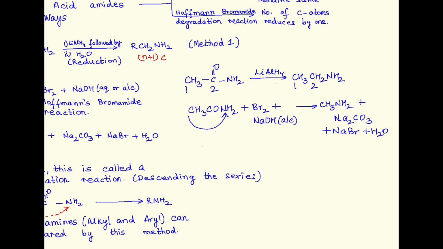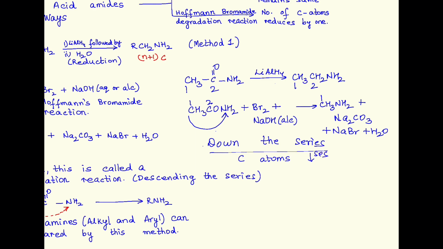Look at the number of carbon atoms, 1 and 2. Look at the number of carbon atoms over here, 1. So in other words, we are going down the series. That means it is descending, the number of carbon atoms decreases.